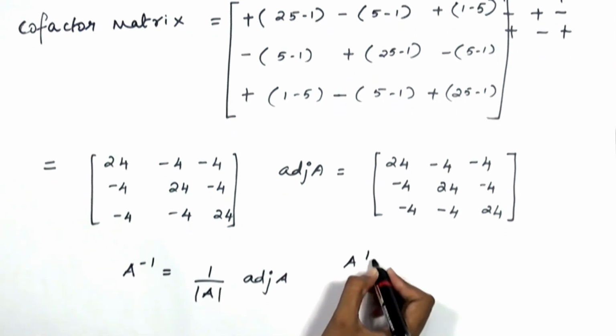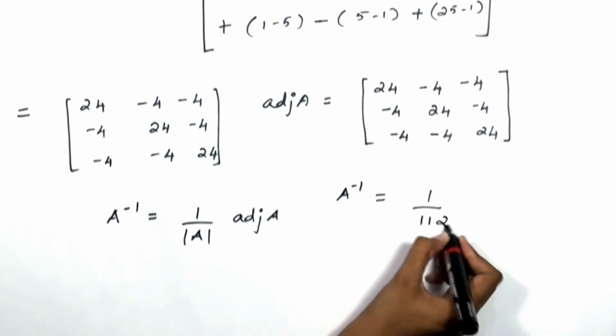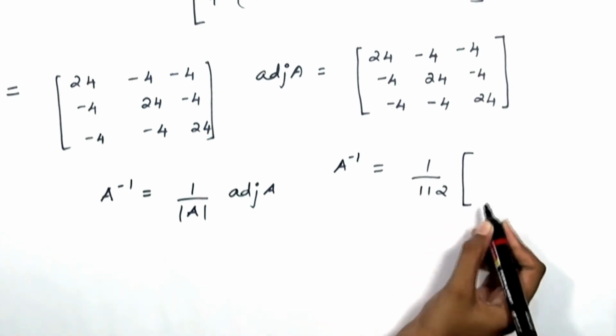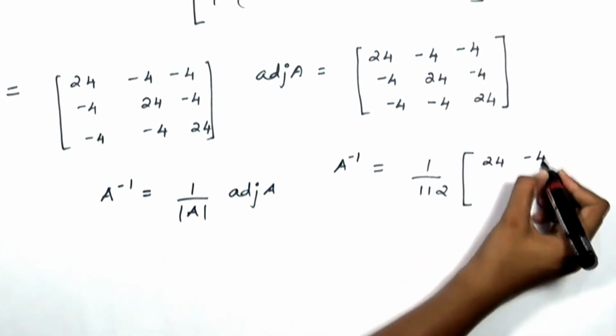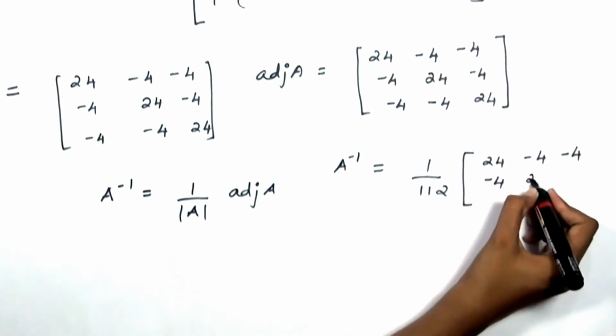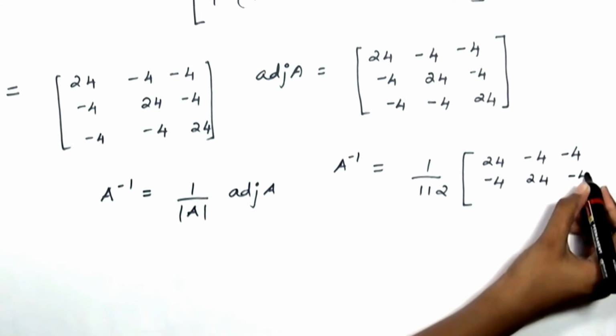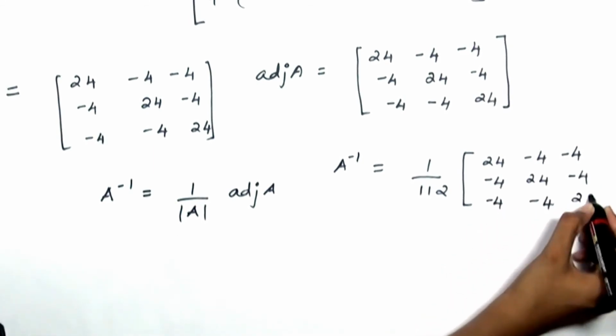So A inverse will be equal to 1 by 112 into adjoint A, which is 24, minus 4, minus 4, minus 4, 24, minus 4, minus 4, minus 4 and 24.